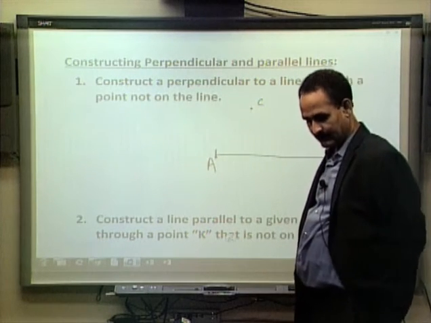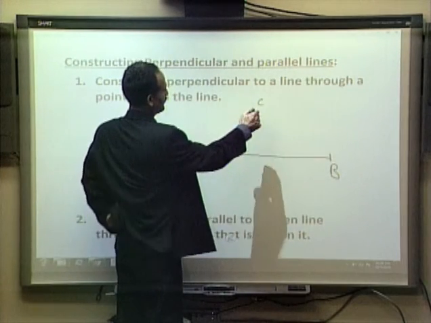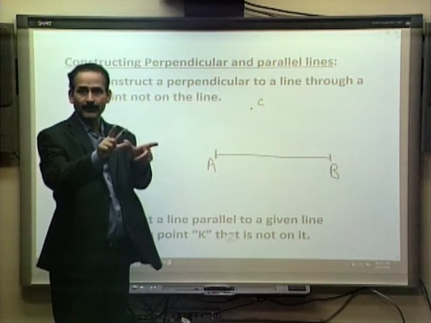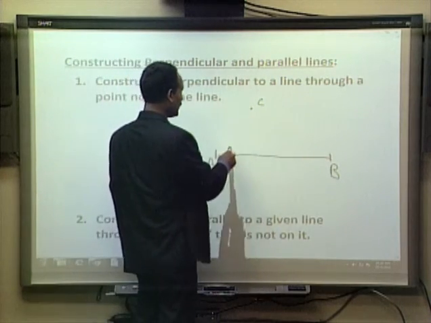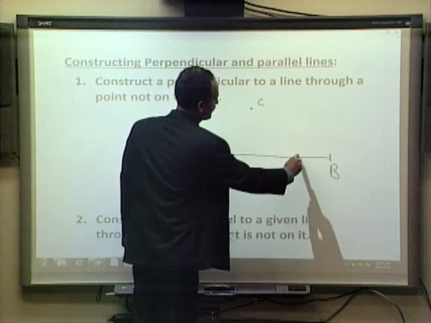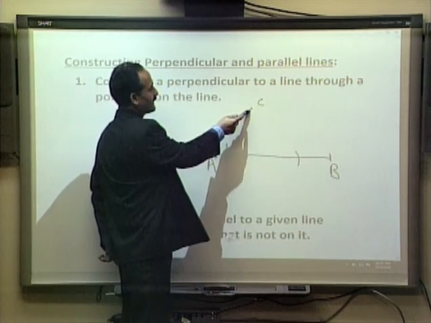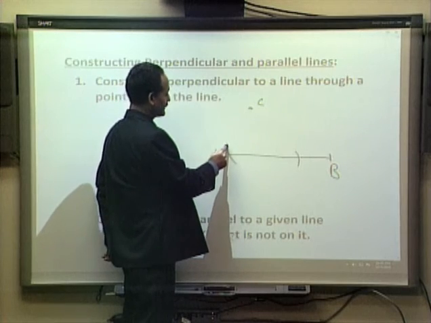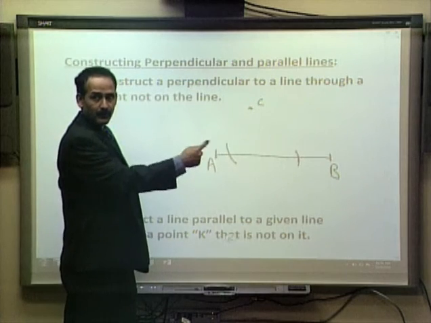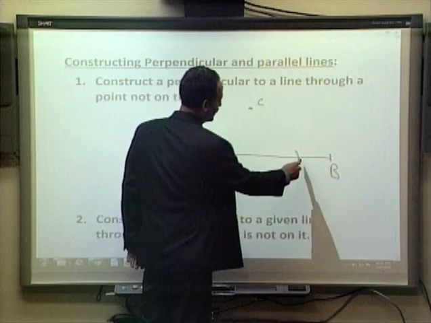What we do is we put one end of the compass at C and draw arcs cutting AB here and here, one towards A, one towards B. Let us say this point is X, this point is Y.